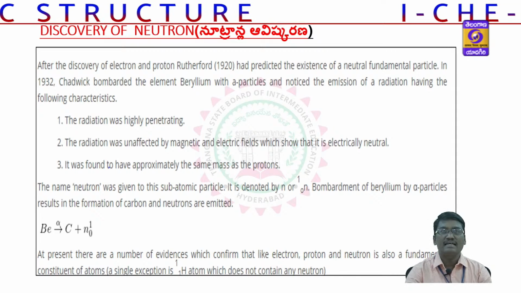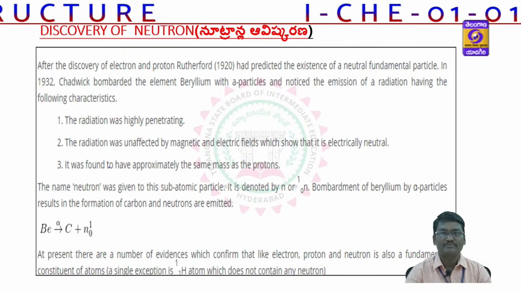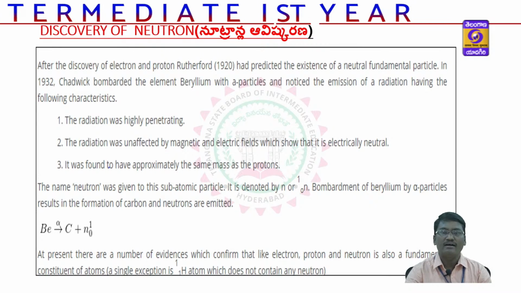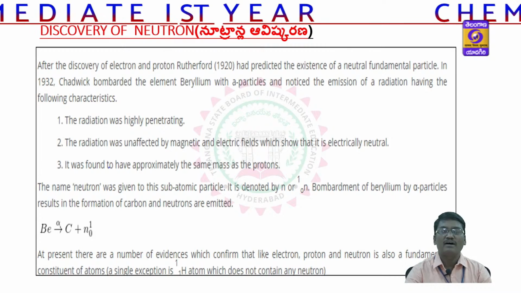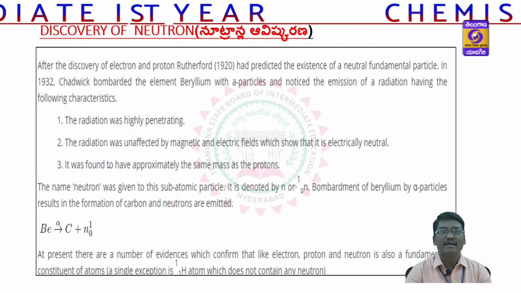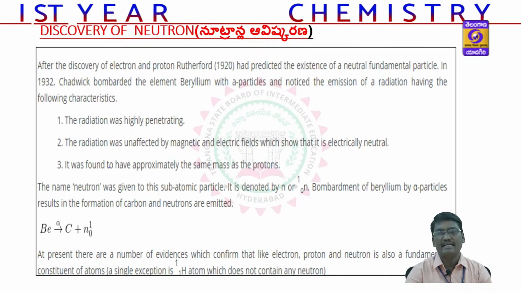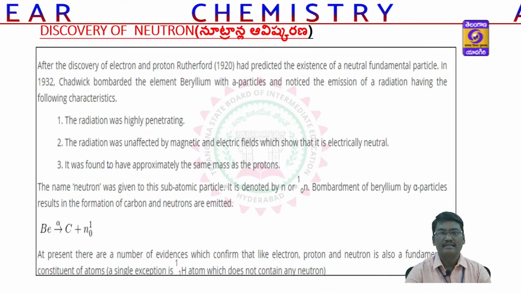And notice the emission of radiation having the following characteristics. Chadwick did the experiment bombarding alpha particles on beryllium, and he found that some characteristic rays came out. Those characteristic properties we are going to concentrate on.